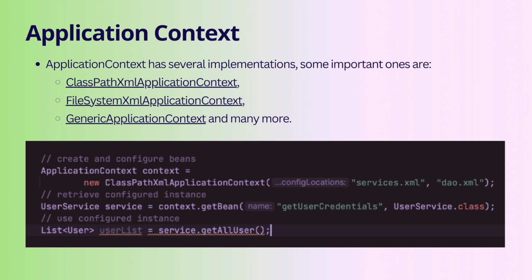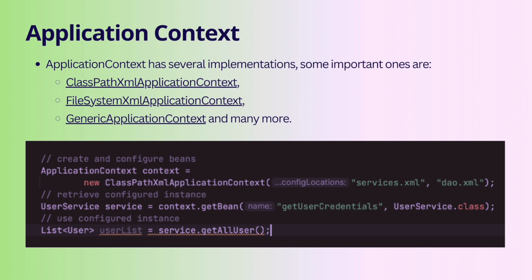We are referring to the location of the XML and we are reading it. Service.xml and dao.xml are two XMLs where we have defined our configuration metadata. This means in this XML we will define how many beans we are using, what those beans are responsible for, what their bean scope is, and all the properties of the bean.